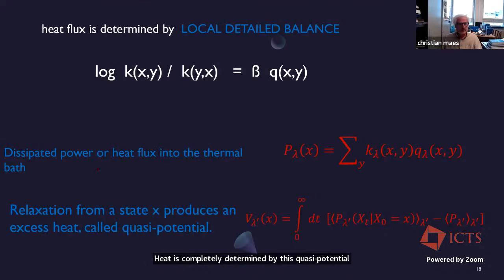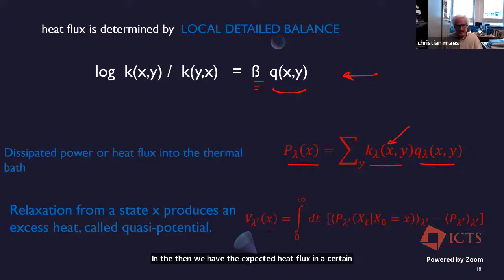So just to repeat the main things, I stress that we assume the condition of local detail balance, and for simplicity, I just imagine one heat bath at inverse temperature, to which the heat is dissipated, and that heat is given as Q(x,y). Then we have the expected heat flux in a certain non-equilibrium condition x, which is measured by that heat and the transition rate.